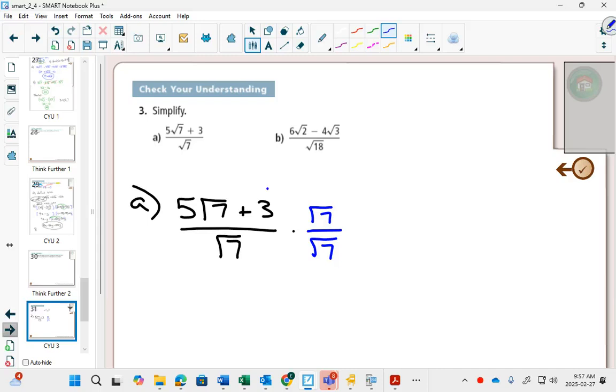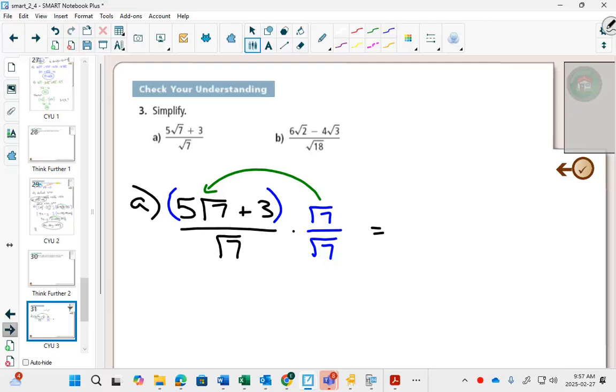We have to imagine this top is all together. It's in brackets. So when we multiply by that new root 7, it's going to distribute. What does that give me as a result? Well, this root 7, when it distributes to the first one, can you do it in your head and get the final answer?